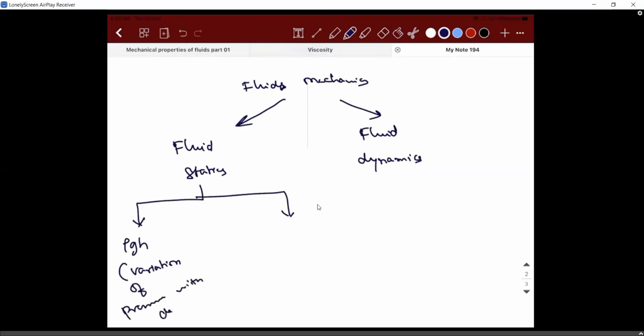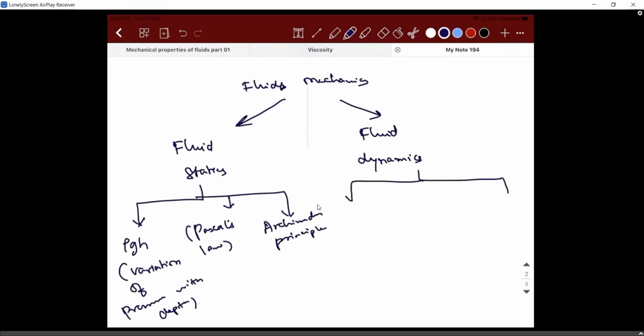with depth. Then what did we see? We saw Pascal's law. Then we saw a very important one which spoke about buoyancy. We spoke about Archimedes principle. So again, when it comes to fluid dynamics, there are multiple concepts that we have seen.